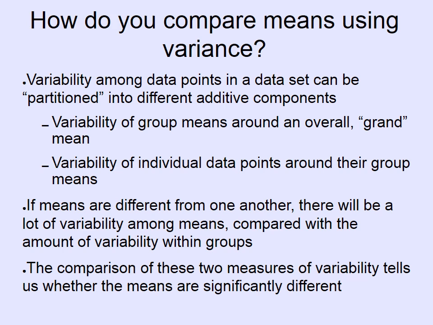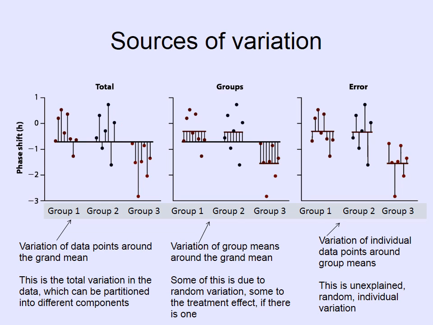Okay, so we're looking to see if means are really different from each other. There's going to be a lot of variability of the means compared to the grand mean, versus a lot of variability within the groups. All right, let's keep looking. Here are our sources of variation. We have total variation.